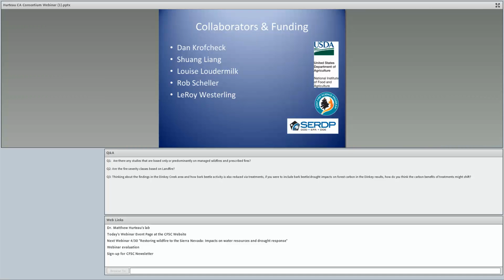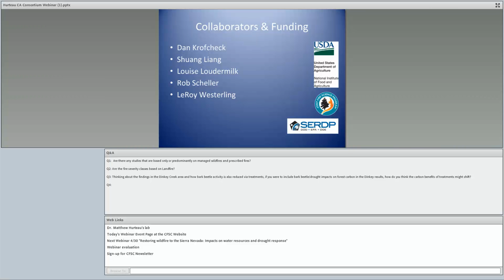That's a good question. There's some work that Rob Scheller's leading in the Tahoe Basin, following on some other work that Alex Kretchen led, looking at parameterizing the model to include beetle outbreaks.